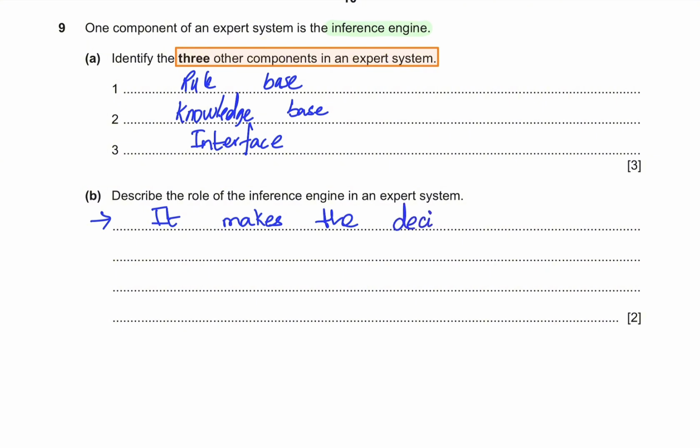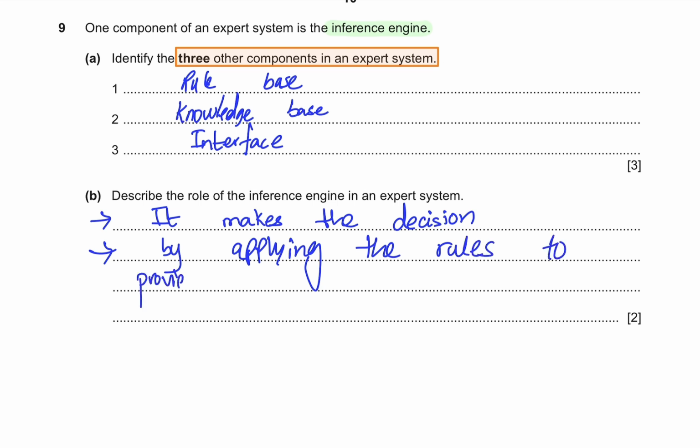It makes the decision by applying the rules, or you could say by applying the logic, by applying the knowledge, to provide a diagnosis or to provide a result. Keep it simple.